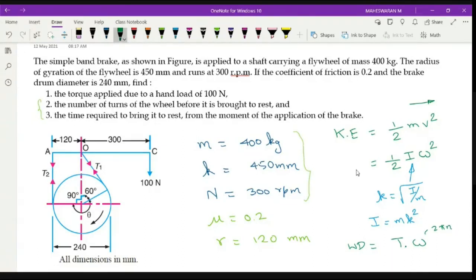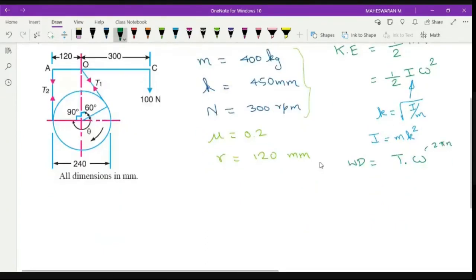So relating both of these we will be solving it. So when k and I are given, you have to use this formula to identify the number of rotations. That is the main purpose of this particular data which is given. We will proceed with the problem.